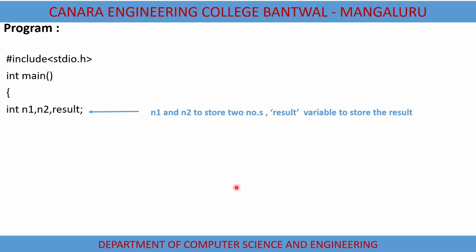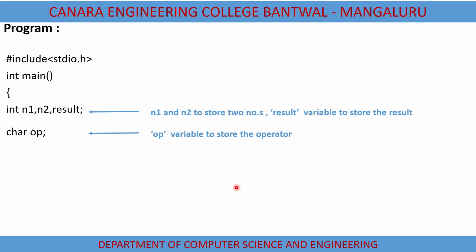So depending on the requirement, we take a character variable op that will take care of the operator. If a plus b is there, then the plus symbol is taken by the op variable, n1 is taken by the first operand, and n2 by the second operand.